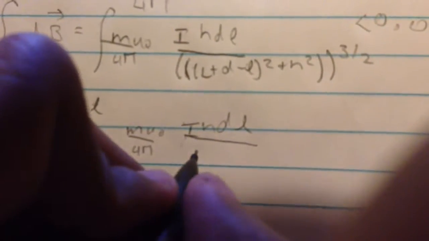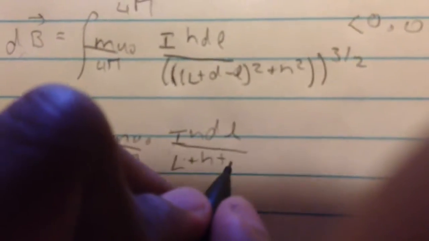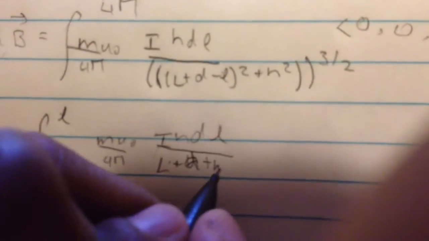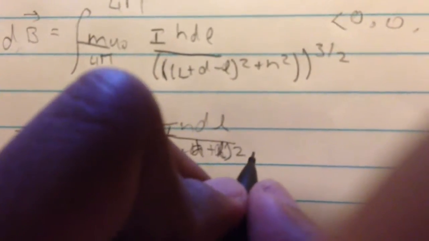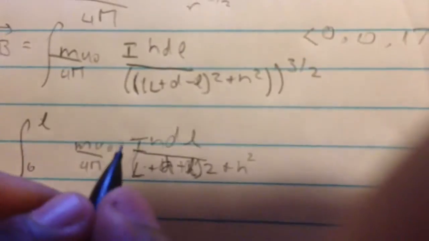So that would equal the integral from 0 to the distance, which is L, of mu naught over 4 pi, I h dl over L plus D minus L squared plus H squared, all of which is then raised to the 3 halves.